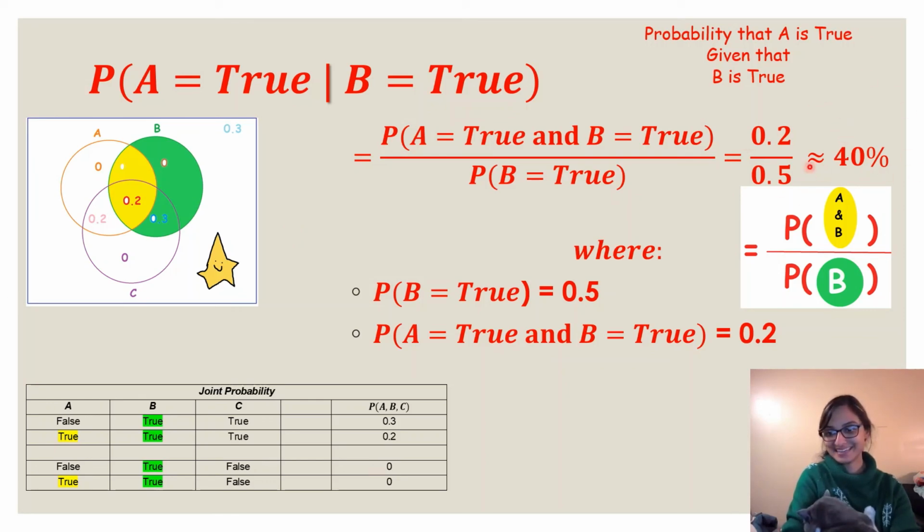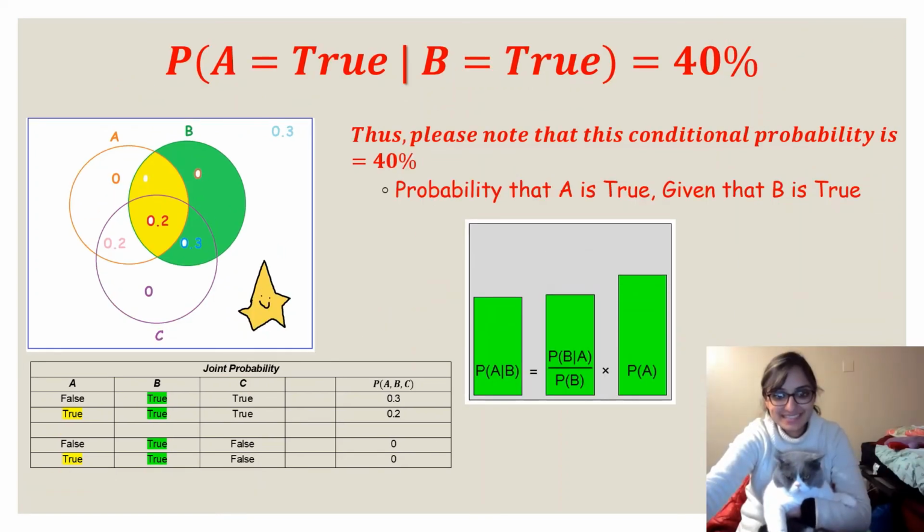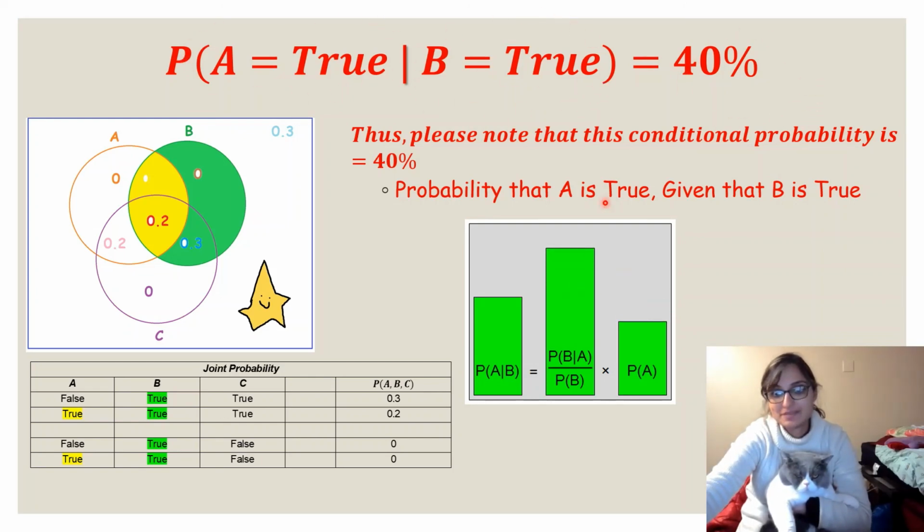So that's the probability that this will happen here. And so that's pretty good, I would say. So this is just the second example of Bayes' rule. So the probability A is true given that B is true is just 40% here. As we can see here, this conditional probability that A is true given that B is true is 40%.